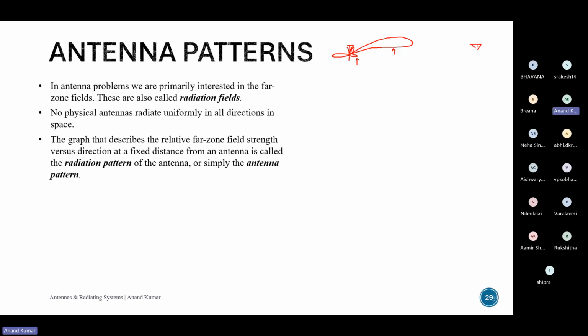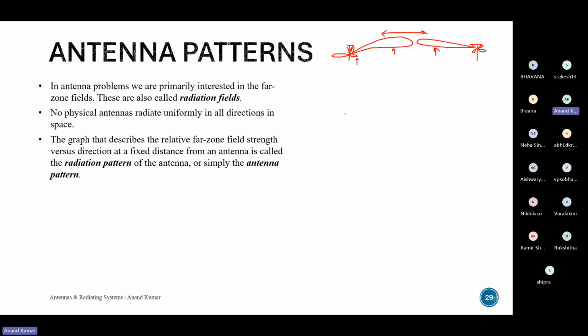Therefore, if you have two antennas and you want them to communicate, you'll try to have both antennas with higher radiation strength in the direction in which both of them can communicate. So to ensure that, we must know how the antenna is radiating.